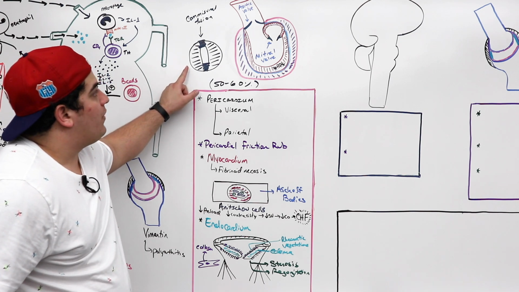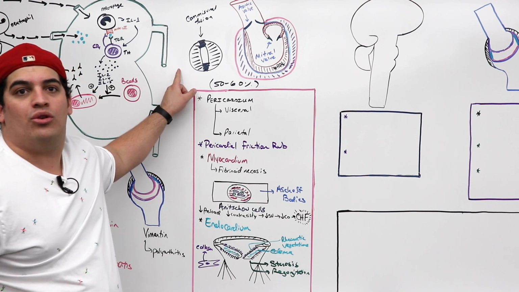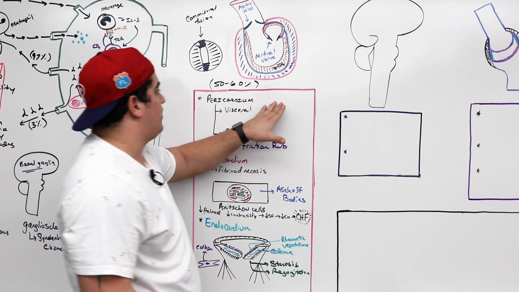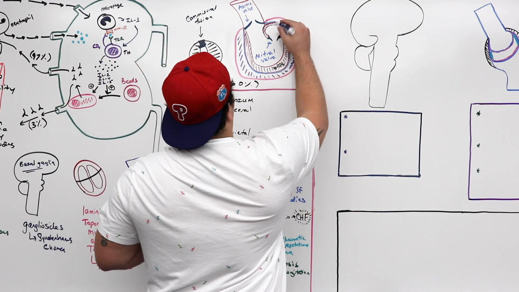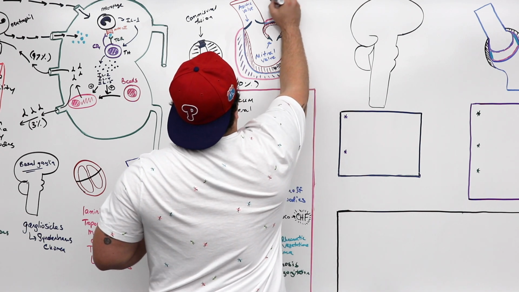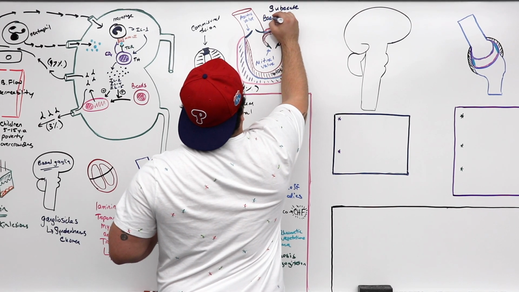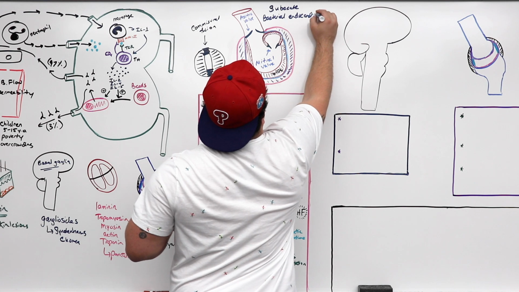Another thing that can happen over time if there's repeated bouts of rheumatic fever is it can lead to what's called subacute bacterial endocarditis. So here's the big thing that I want you to remember to take away from this for the rheumatic condition: over time the thing that you worry about is subacute bacterial endocarditis.